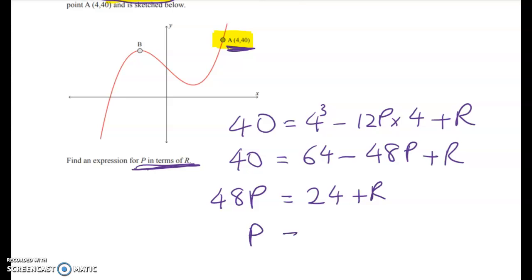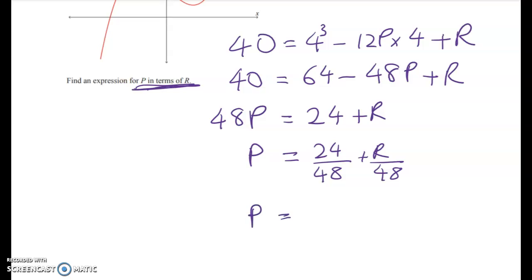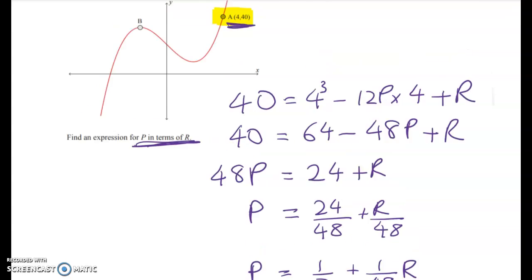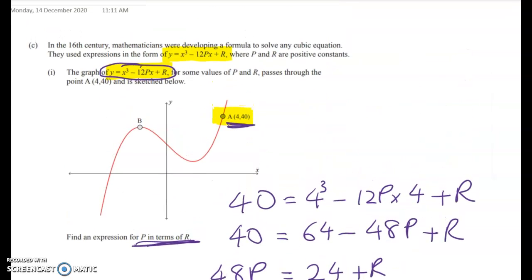Dividing everything through by 48 gives me p equals 24 over 48 plus r over 48. p is equal to 1/2 plus r over 48, or you could write that as 1 over 48 times r. Okay, so that's the first part. Let's look at part 2 now.